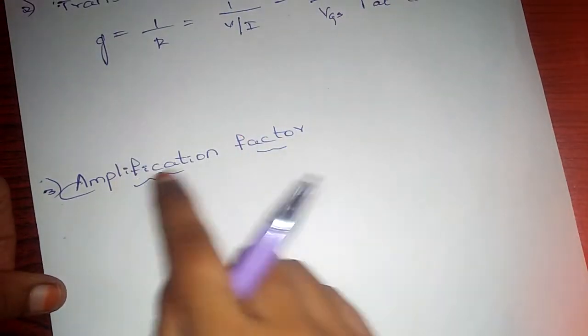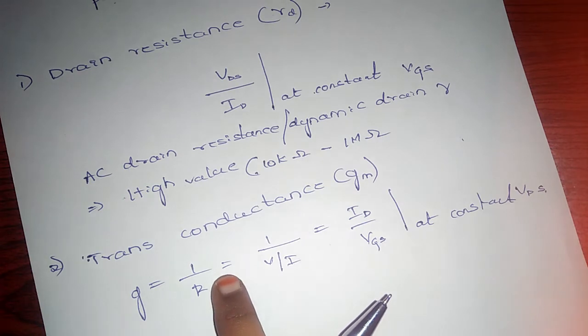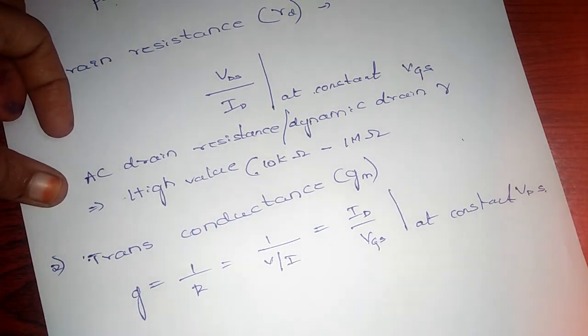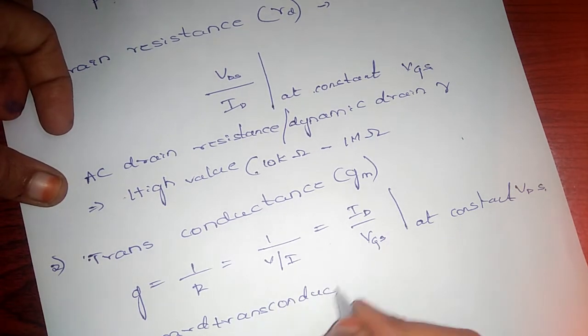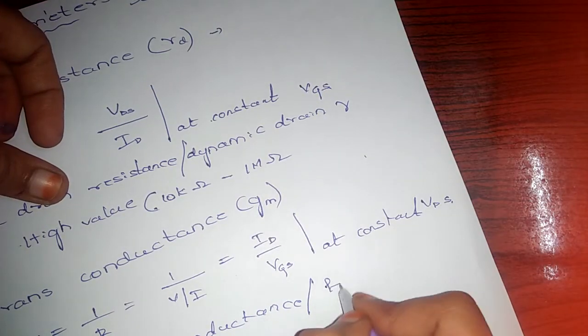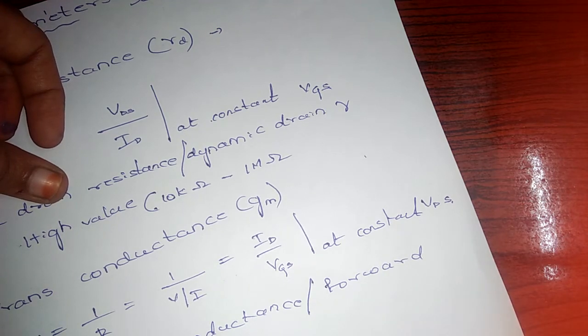Transconductance is also called forward transconductance or forward transfer admittance.